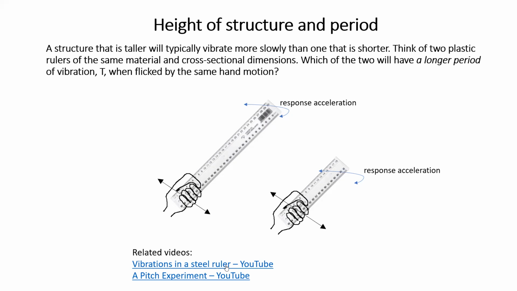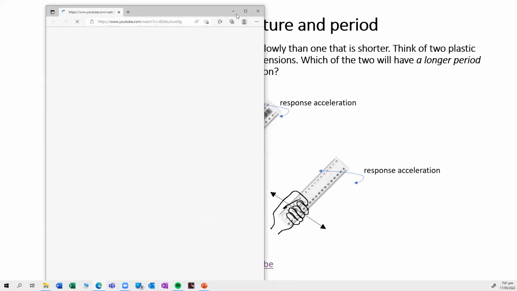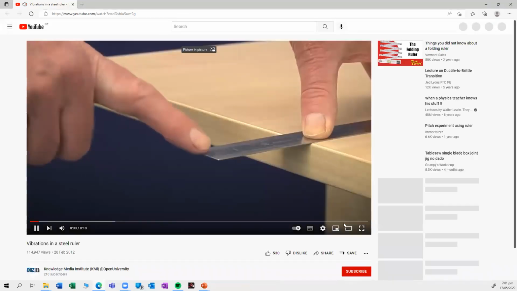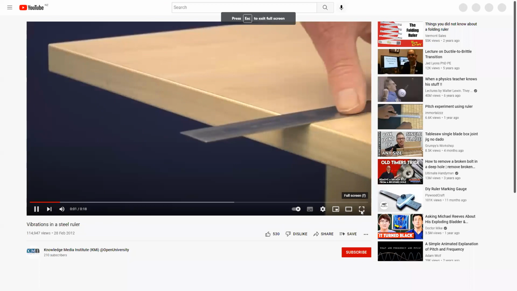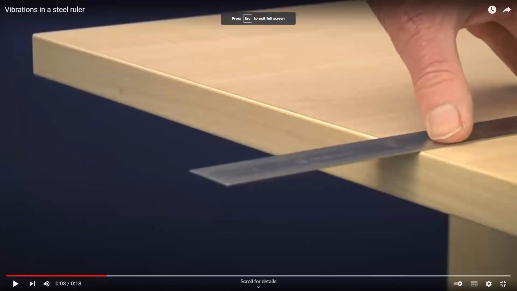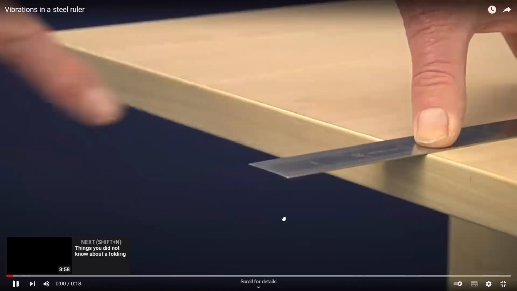So let's have a look at a couple of videos. Okay, it's a short ruler.